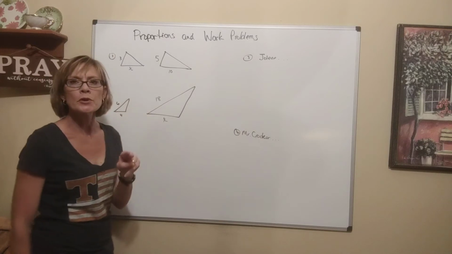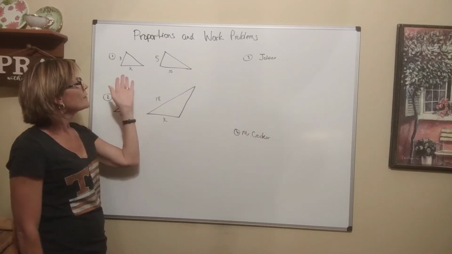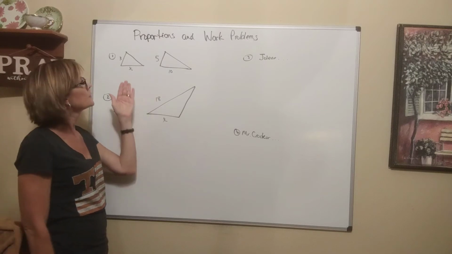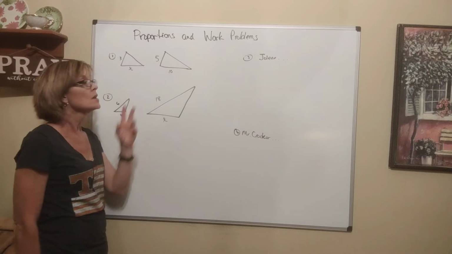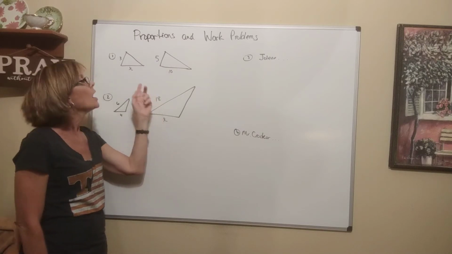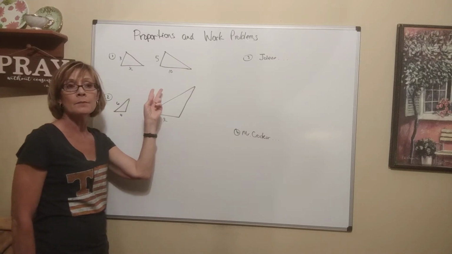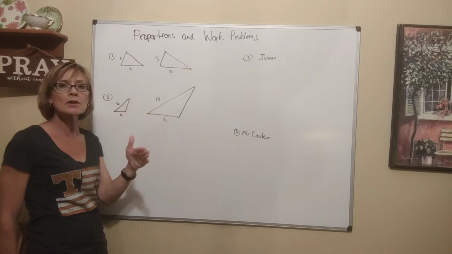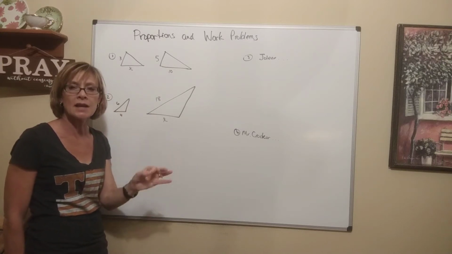A proportion is something you can use to find unknown lengths of sides if you have two similar figures. If somebody says these figures are similar, then you can solve for the unknown side using proportions. Similar means the same shape but a different size.